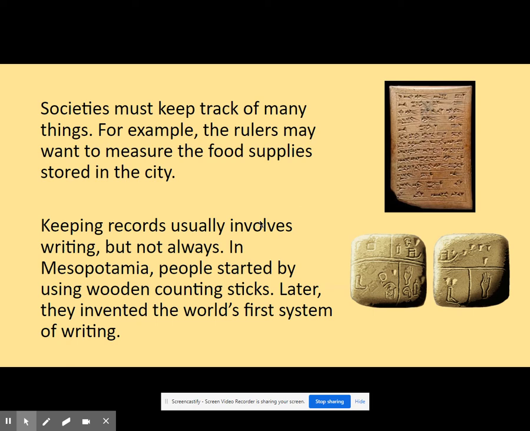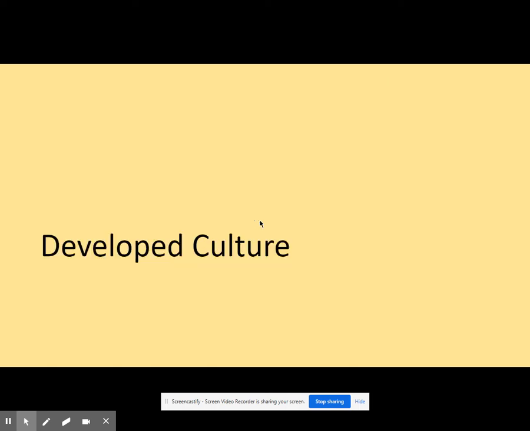And then later, we're going to see the invention of the world's first writing system. But we're going to start to see more and more growth in keeping track of records during these time periods. But again, societies having some kind of tracking system is a key thing to having a civilization.